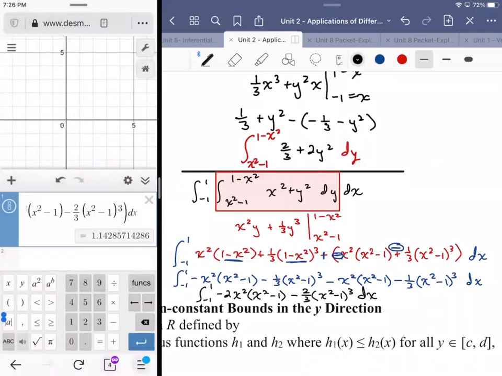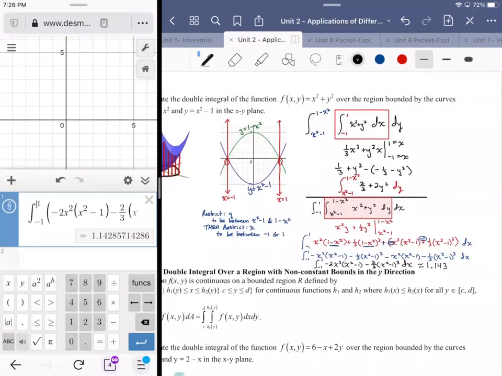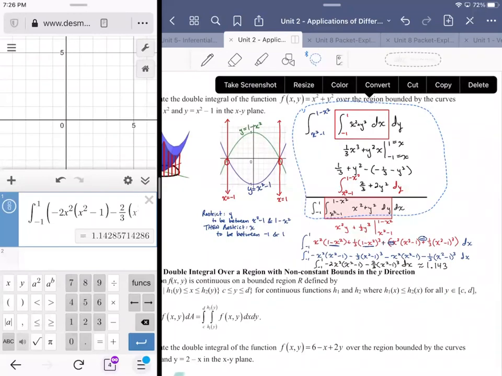I'm tapping on it too rapidly. Yeah, I think it's good. So about 1.143. Right, so all that for such a small number. Like, oh, okay.